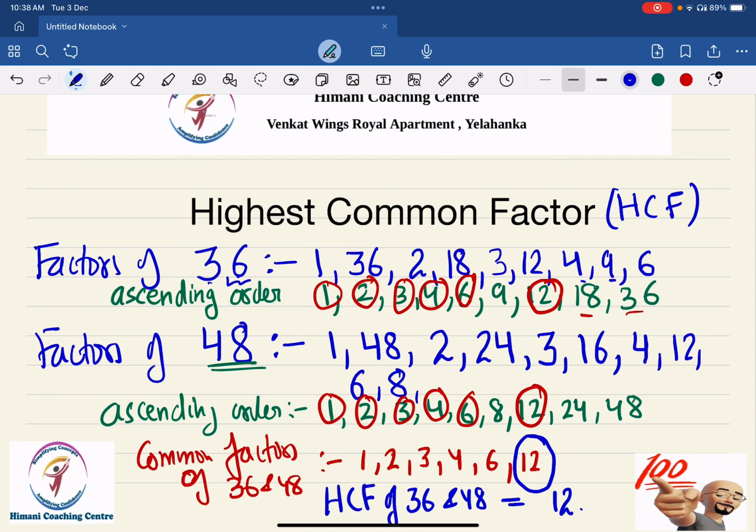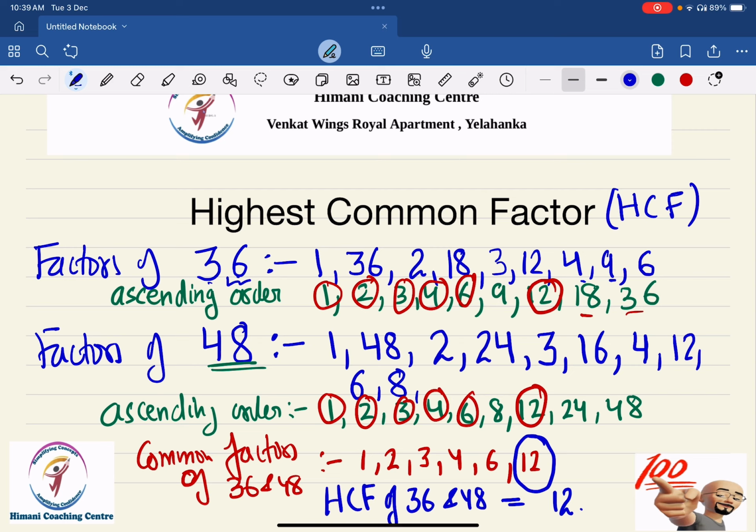See, kids, we have to understand one thing. We are finding common factors. What are factors? Factors are the numbers like, you divide 36 by 2, the remainder would be 0. You divide 36 by 3, the remainder would be 0. Therefore, we say 2 is a factor of 36, 3 is a factor of 36.